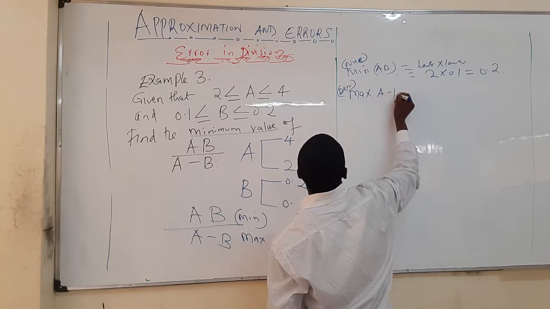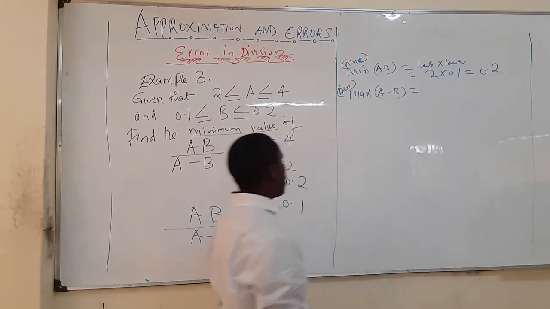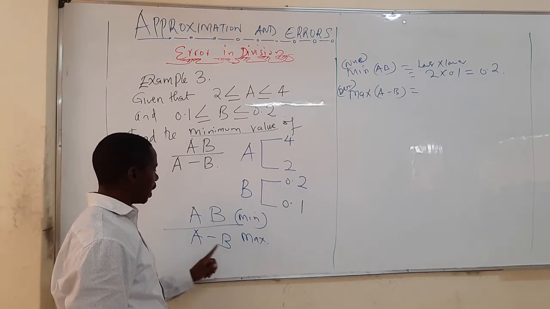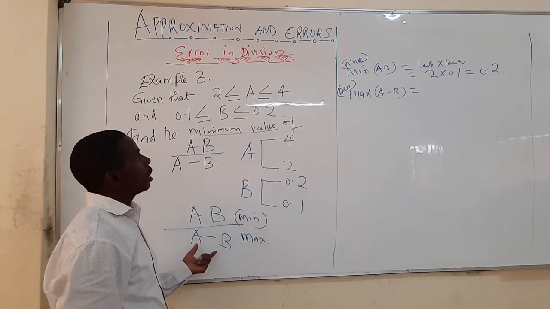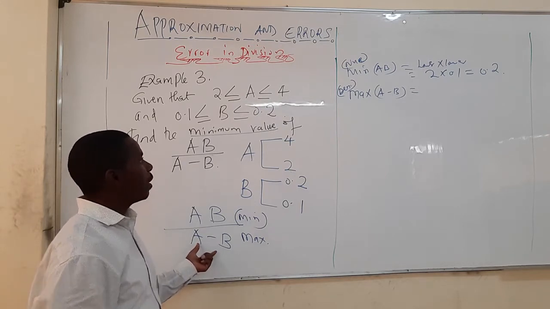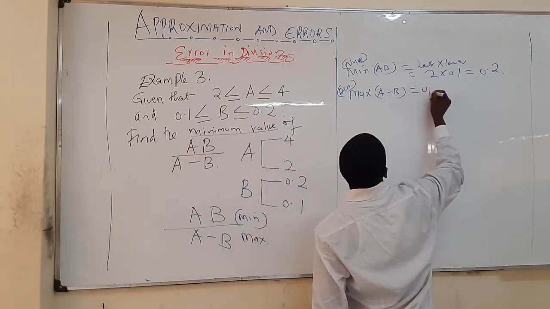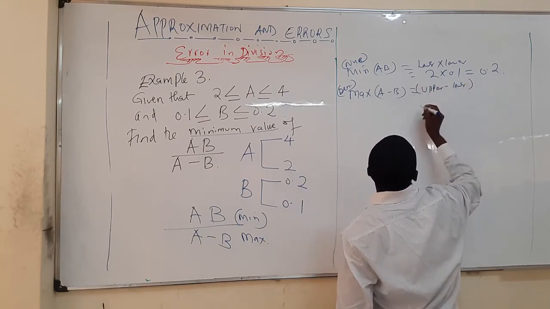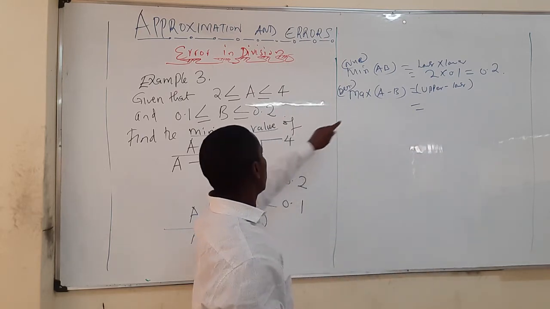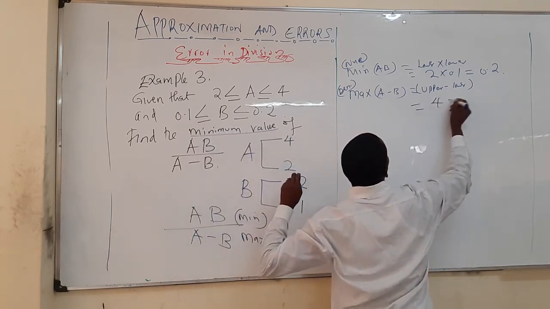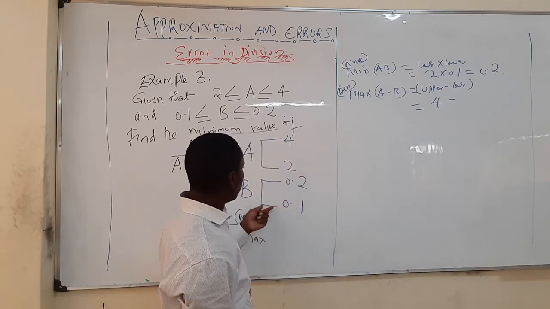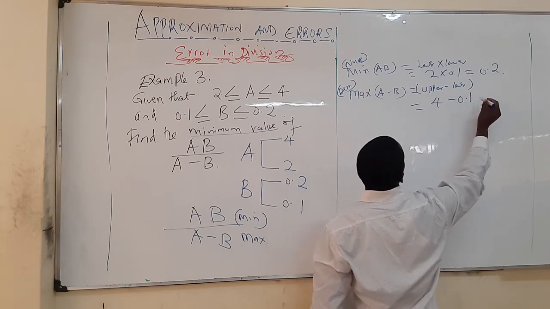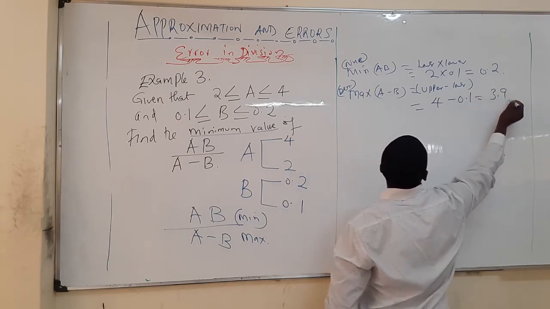Maximum of A minus B, and maximum in the subtraction, because we are subtracting, we are going to have the upper limit minus the lower limit. That is the upper limit of A, which is 4, minus the lower limit of B, which is 0.1, and 4 minus 0.1 we get 3.9.